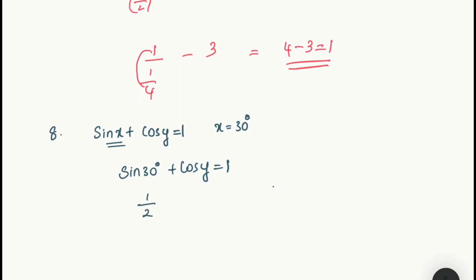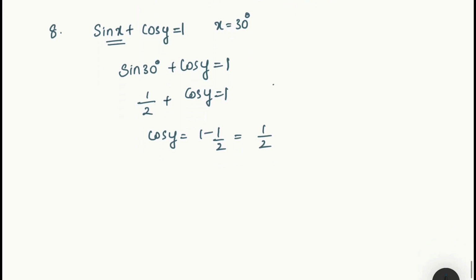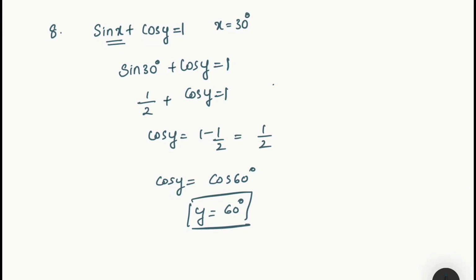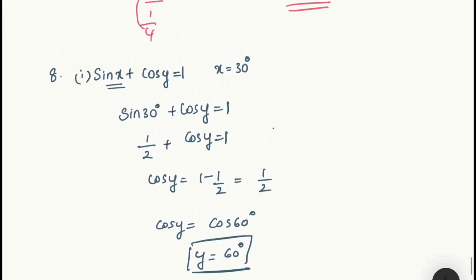Sin 30 is 1 by 2, plus cos y equals to 1 gives you cos y equals to 1 minus 1 by 2, that is equal to 1 by 2. 1 minus 1 by 2 is 1 by 2, you know it. Okay. Cos y is 1 by 2 means for which value of cos you get 1 by 2? It is 60. So you'll get y is equal to 60 degree. You got the value of y there. Okay. This is the first sub question in the 8th main.